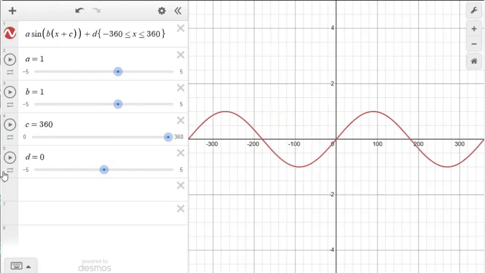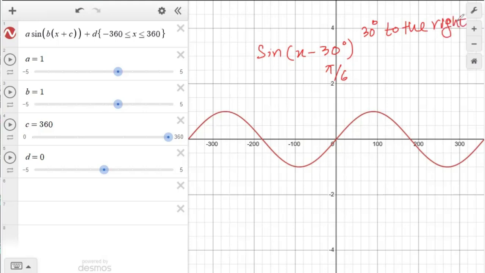Another important idea: right now you can see it's written as plus C. What happens if I change it to a minus? If you have sine of x minus 30, or for the HL students, pi over 6 in radians, you can see that the graph, strangely, even though it's a negative, goes 30 degrees to the right.